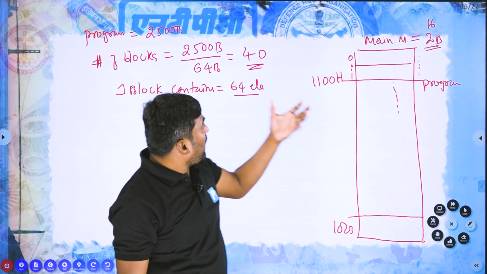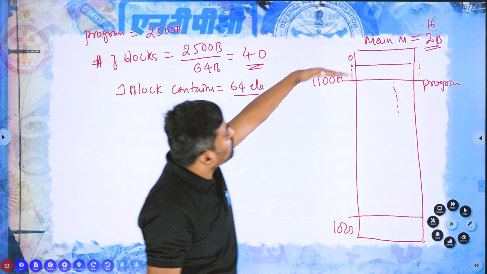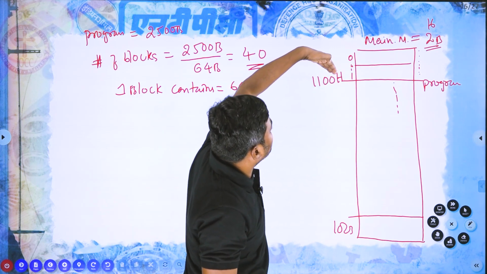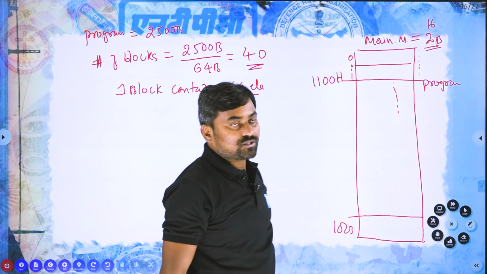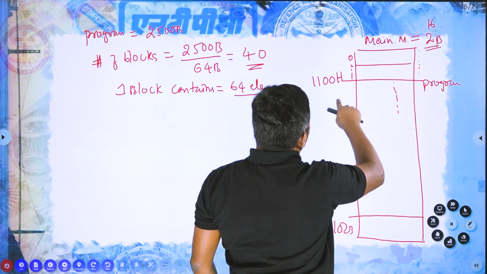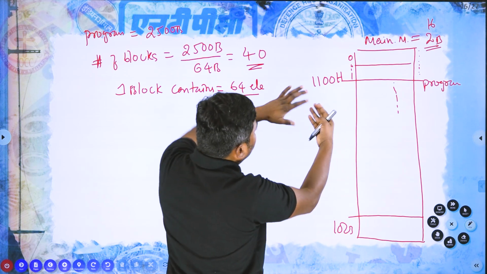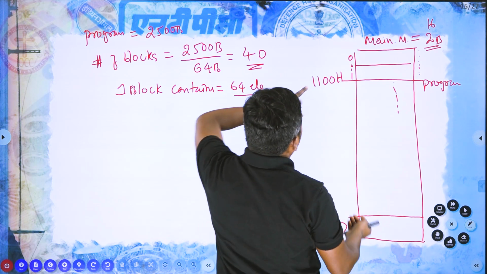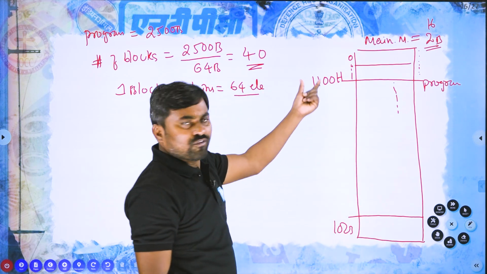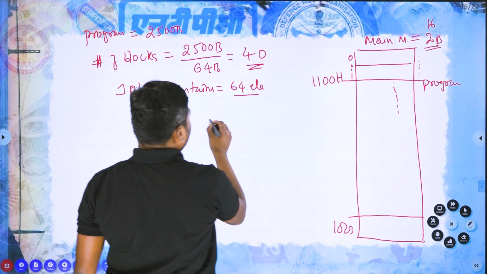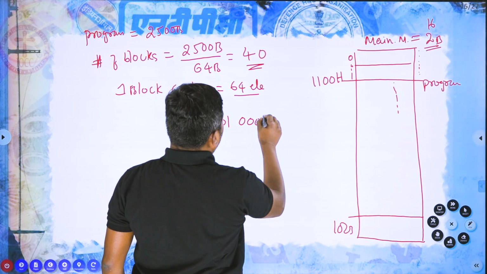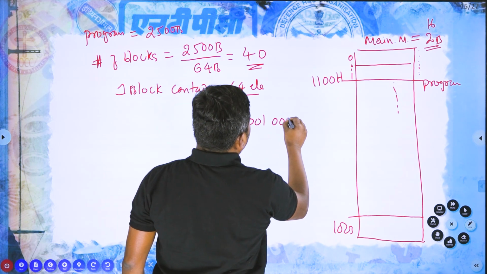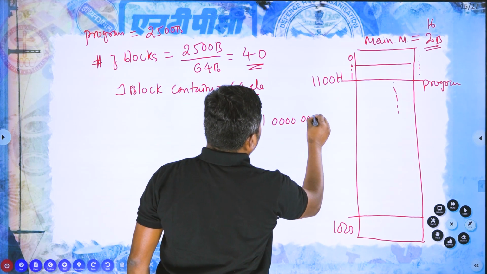Now, my program started loading at address 1100H onwards, and it is going to occupy a total of 40 blocks. If I convert hexadecimal to decimal, what address will I get? 1100 means, you can convert each digit to bits: 0001 0001 followed by 4 zeros and 4 zeros.